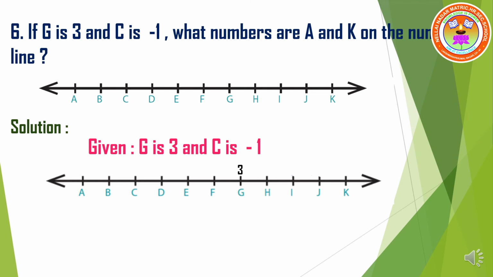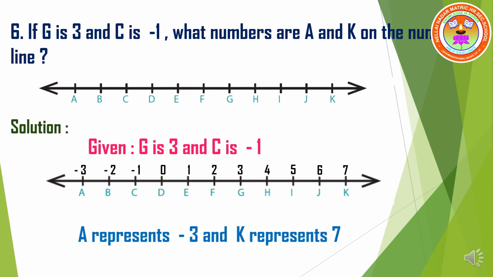G is given as 3 and C is given as -1. So what happens to the remaining values? D will be 0, A will be -3, B will be -2. E is 1, F is 2, H is 4, I is 5, J is 6, K is 7. So from this we can say that A represents -3 and K represents 7. Okay, children?